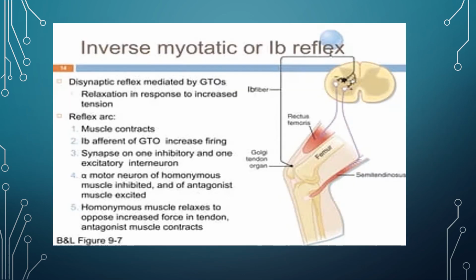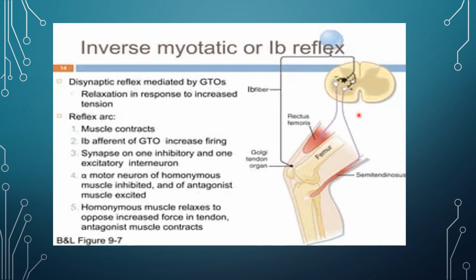Now what are the components of this inverse stretch reflex? We know all reflexes have 5 components: receptor, afferent nerve, central relay station, efferent nerve and the effector organ. In case of inverse stretch reflex, the receptor is the Golgi tendon organ, which sends the information of tension to the central nervous system via the sensory nerve 1B, and there will be relay at the central nervous system.